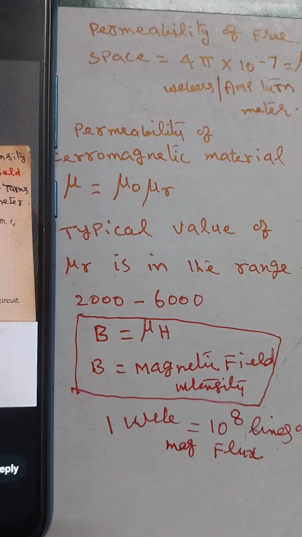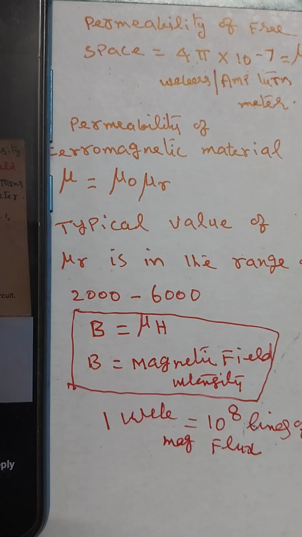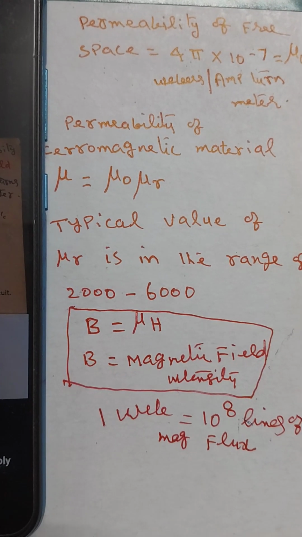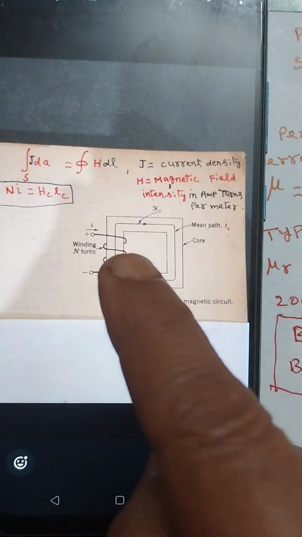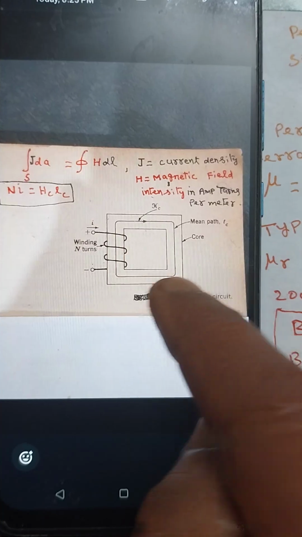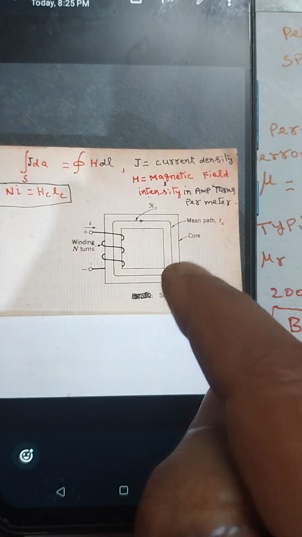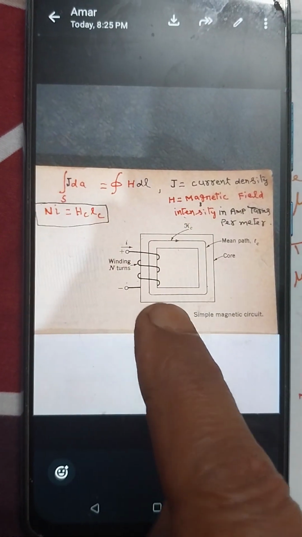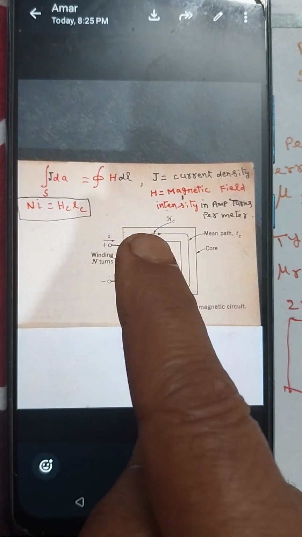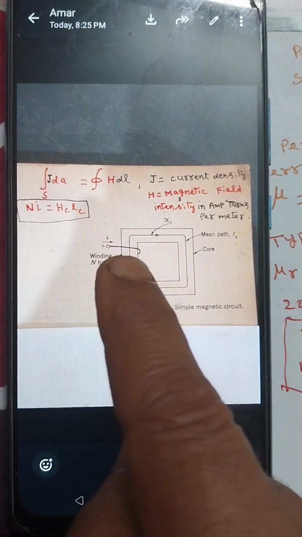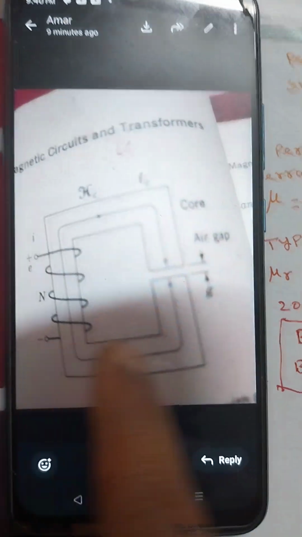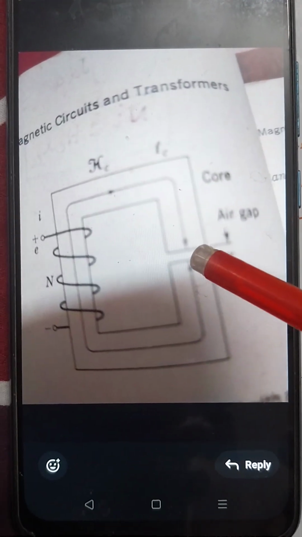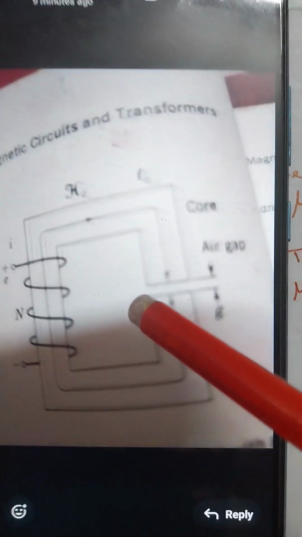The value of H along the path is independent of whether it crosses the material or free space. There is continuity of core material, but the value of magnetic field intensity is independent of whether it passes through the core or this gap, that means free space.